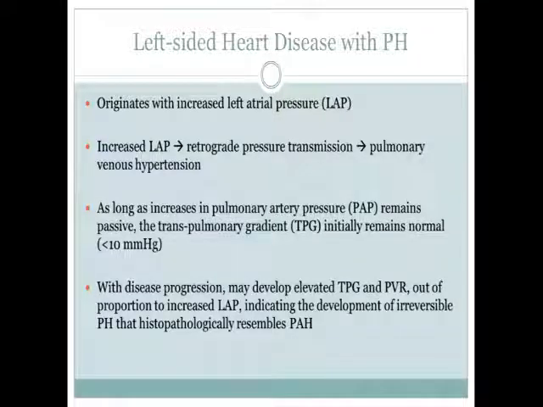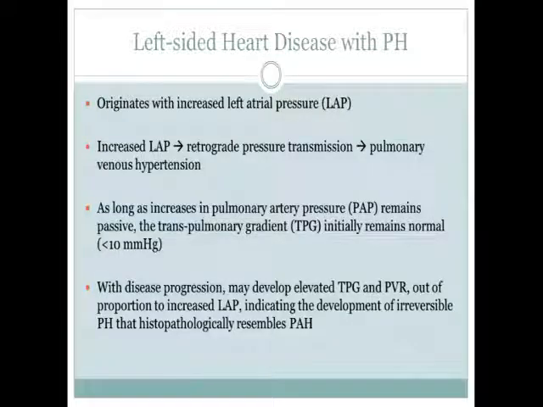of those changes. But as your disease progresses, your transpulmonary gradient, which is defined as the mean pulmonary arterial pressure minus your left atrial pressure, which is normal in purely post-capillary PH, or less than 10, starts to rise. And at that point, you start to develop some irreversible features of pulmonary hypertension.